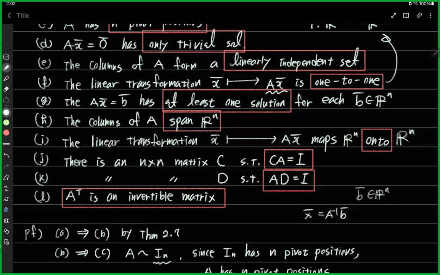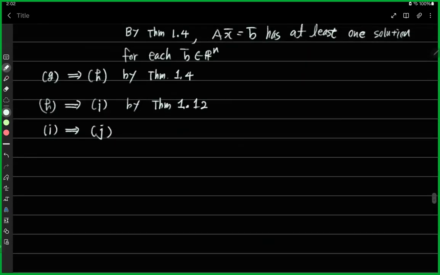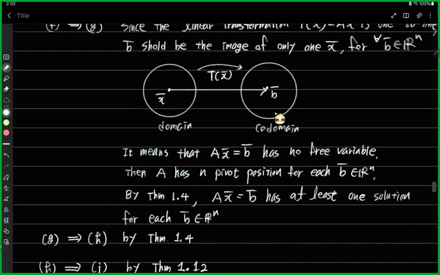Here's the domain, codomain right there. For each B bar, there exists X bar, and the X bar is A inverse times the B bar, for any B bar in the codomain, which is Rn space.